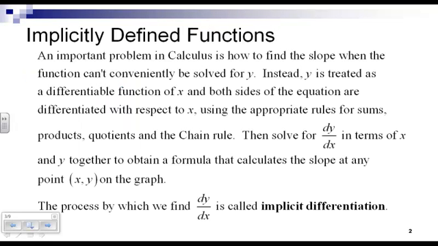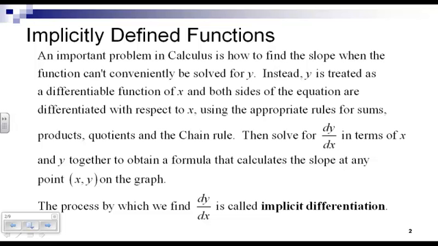So, here's the problem that we now have to conquer. In calculus, we often have to find a slope when a function cannot be conveniently solved for y. In other words, we have some equation with x's and y's in it, but it's difficult to separate and say, oh, I can now write this in the form y equals.